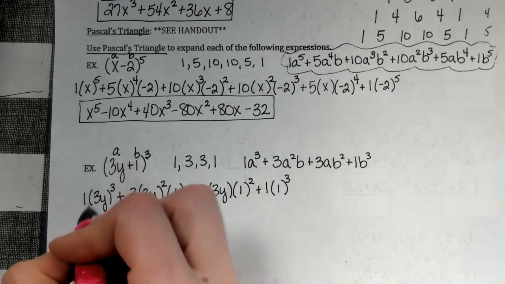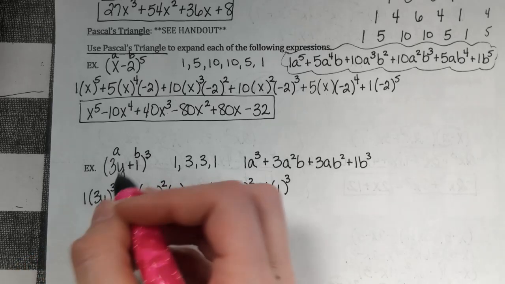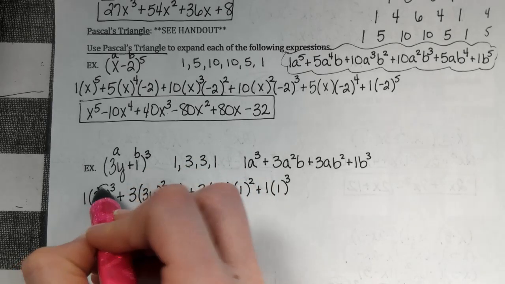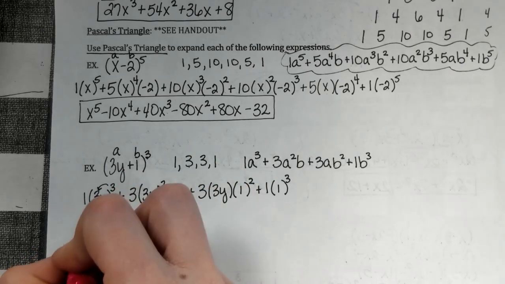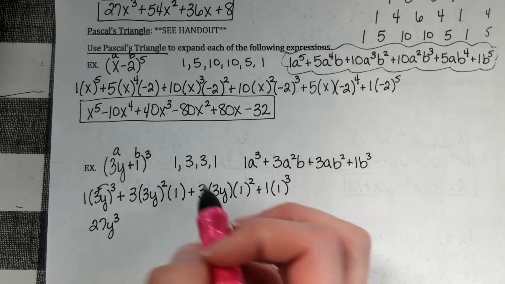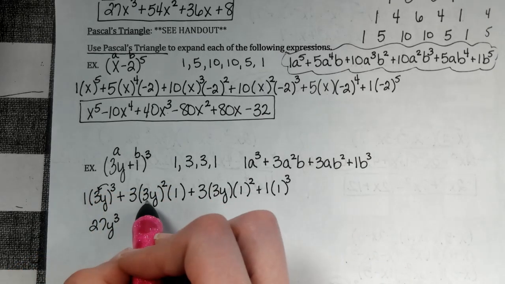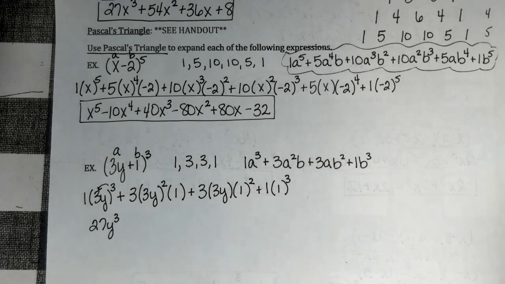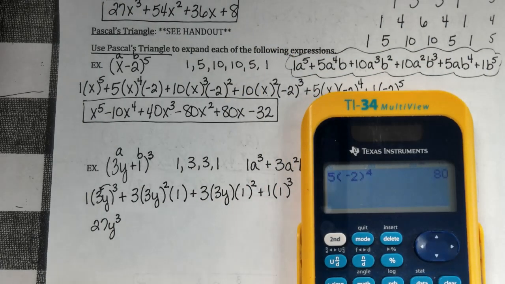So when we simplify 3y cubed, I have to also cube the 3, not just the y. So that gives me 27y cubed. Then I have 3 times 3y squared times 1. So again, if you need to use your calculator, I have a 3 times 3 squared times 1.